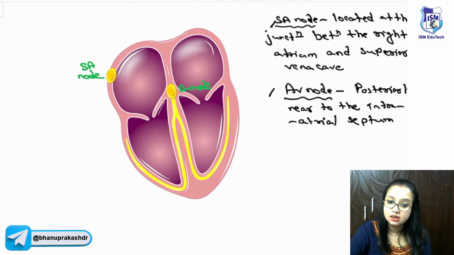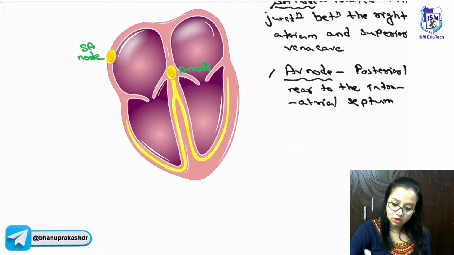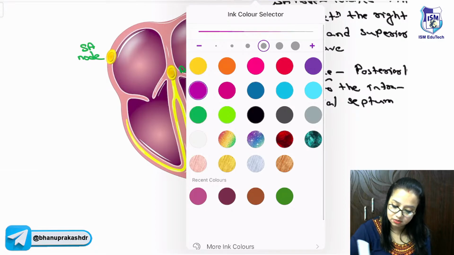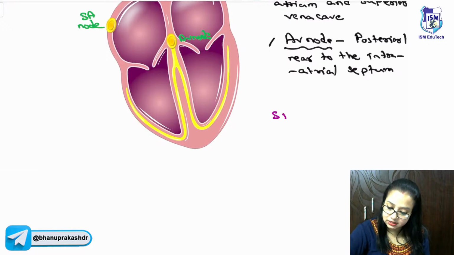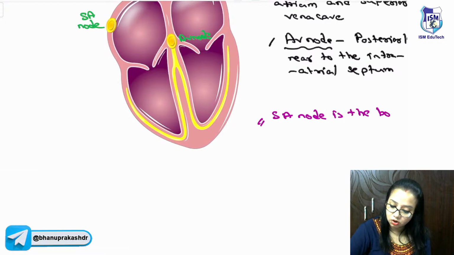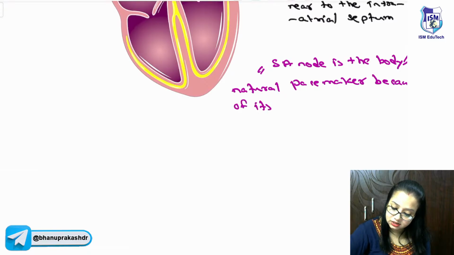The SA node we have already seen. Functionally, it is called the body's natural pacemaker. So, why is the SA node called the body's natural pacemaker? It is also a very common MCQ point. The SA node is the heart's natural pacemaker because of its steepest pre-potential.